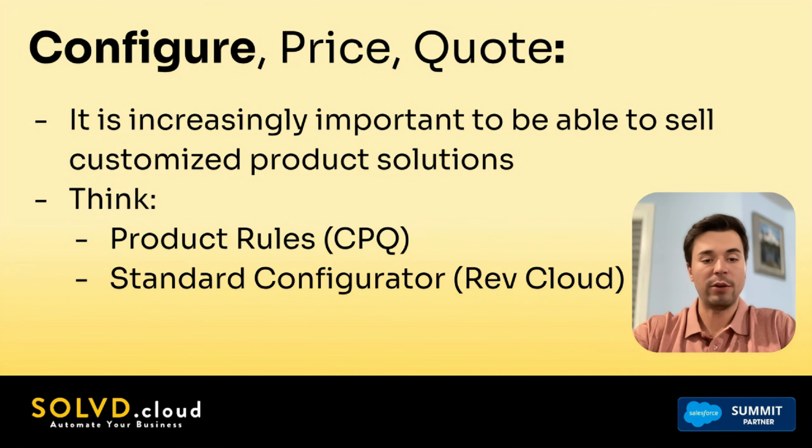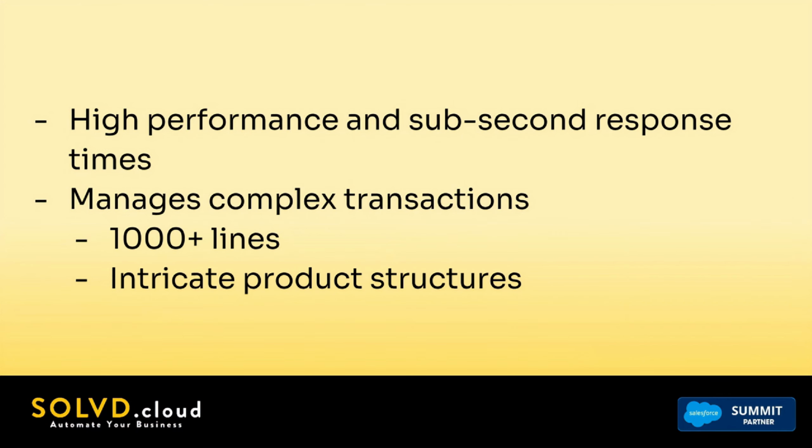In Revenue Cloud, if you're already familiar and have been playing around in Revenue Cloud, the standard configurator was the solution for this, where you could set up rules that could dynamically show products, dynamically hide products, do things with attributes, and it was pretty powerful, but still not as scalable as it could be.